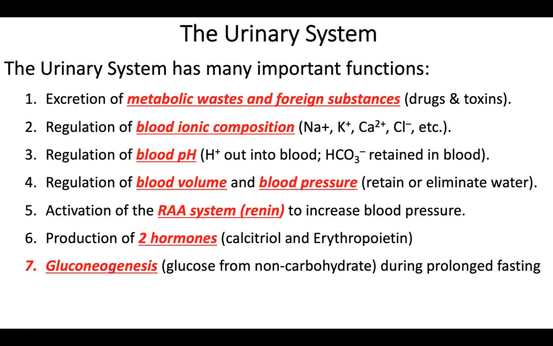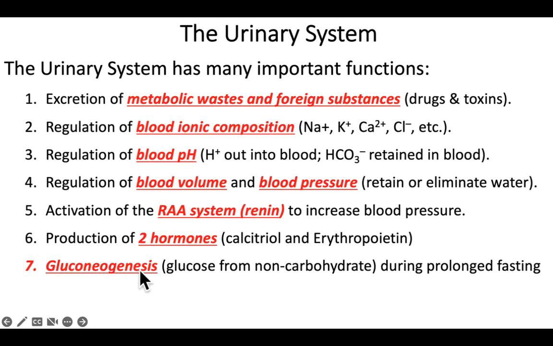Kidneys do produce two hormones. Erythropoietin we talked about in the blood chapter, so that's going to help stimulate red blood cells. Calcitriol is active vitamin D. So your kidneys can help in the production of vitamin D, and then it can also help stimulate red blood cells. And then the last thing on my list here is gluconeogenesis.